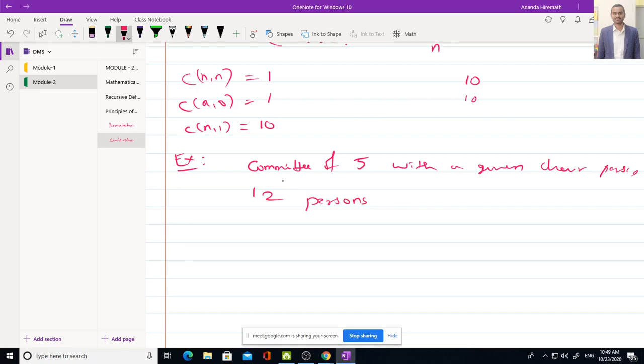This is the problem statement. I repeat, in how many ways can a committee of 5 members with a given chairperson be chosen from 12 persons? I'll explain this problem first, then we can go for the solution.